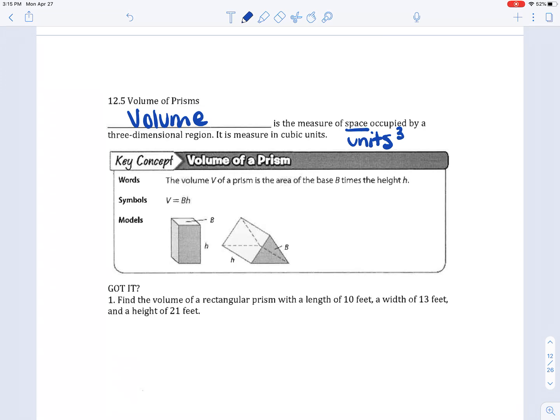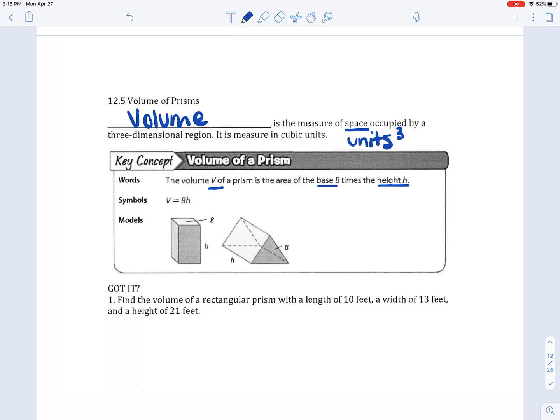Remember the difference between a prism and a pyramid is that a prism has two bases and a pyramid has one. The volume of a prism, V, is the area of the base, represented by the letter capital B, times the height. We've already had the letters B and H before in our other formulas.